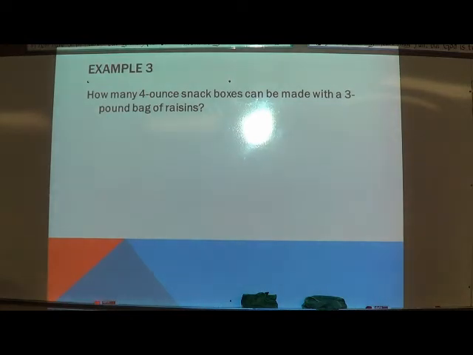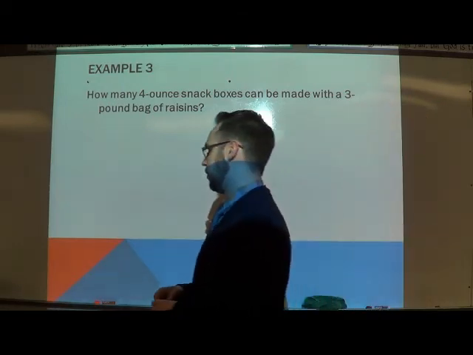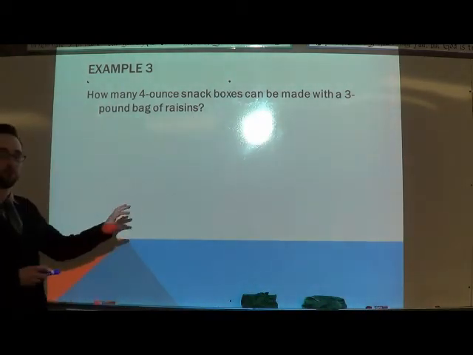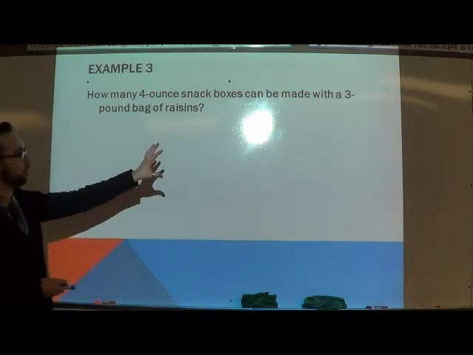Now I want to get into some word problems here. Instead of doing just those straight conversions, I kind of want us to see how do we apply this. So this is how many 4-ounce snack boxes can be made with a 3-pound bag of raisins. Well, anytime we do problems like this, we need to make sure that we're looking at the same measurement. So it's always easier to go from bigger to smaller.